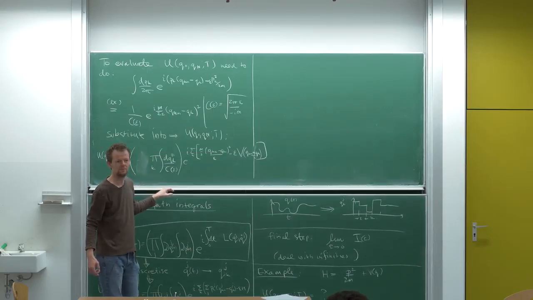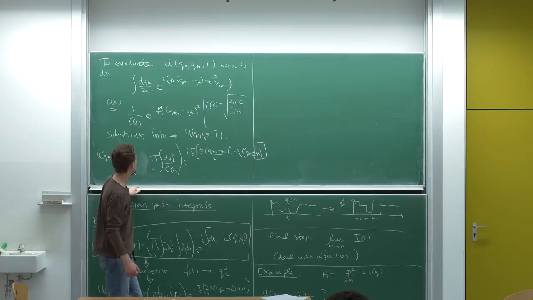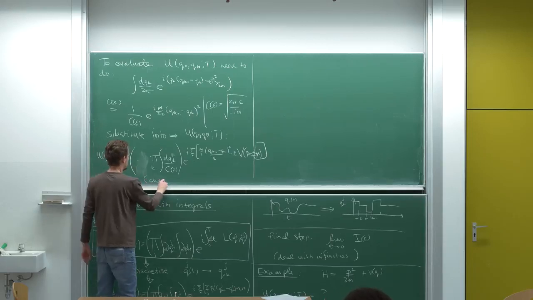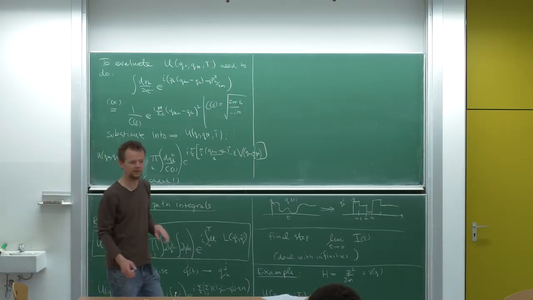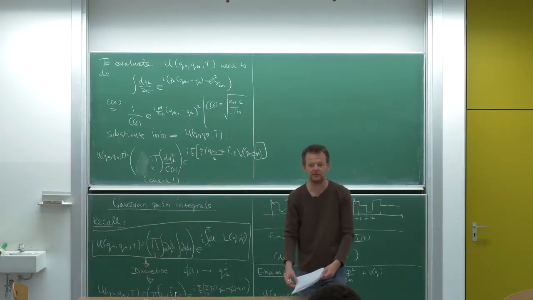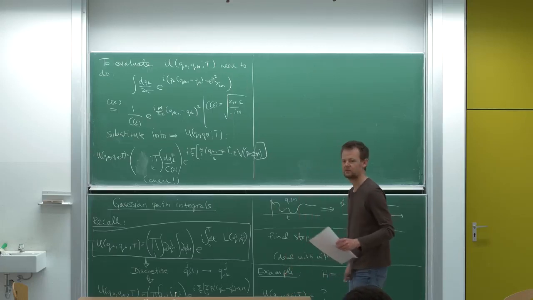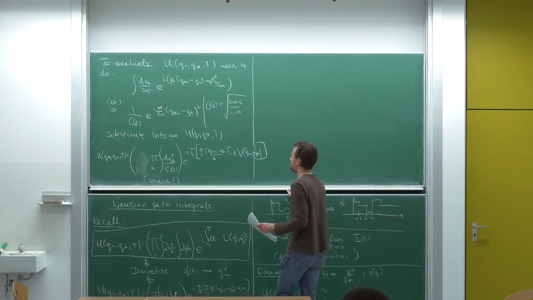Unless I'm missing the 2 pi's, I don't see. Okay, well, we're talking about a constant which won't turn out to matter anyway, so I'll leave that as an exercise to check so that we can move on.